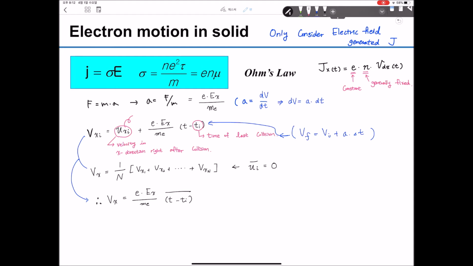Of course, the bar means average, and this term is the average free time, or mean scattering time, and the symbol is tau. So basically this is the average time that an electron can travel without any collision.